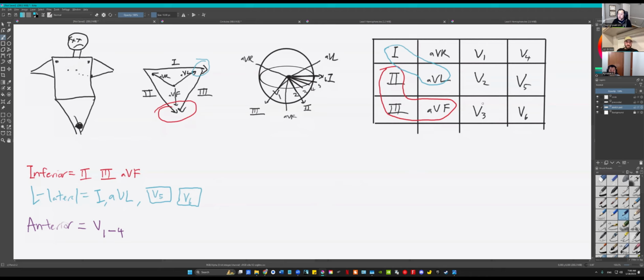Okay. So, looking at the 12 lead EKG, we already know the inferior leads, 2, 3, AVF. The left lateral leads now also include these guys. And the anterior leads include these guys. Now, why is this important?